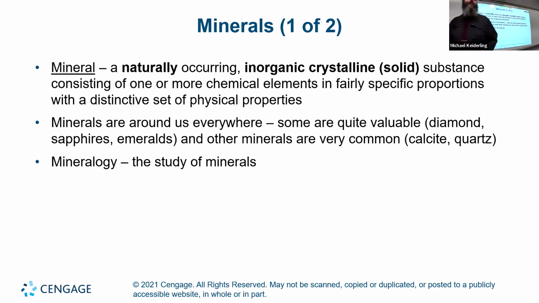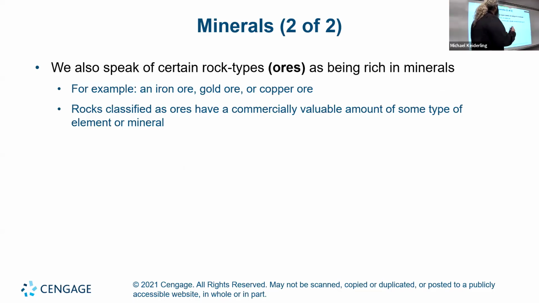So other minerals are very common, things like calcite, quartz. These are super common. Calcite makes up limestone. Mineralogy is the study of minerals. And we can talk about various rock types or ores being rich in particular minerals.